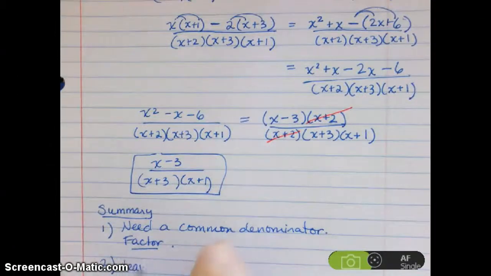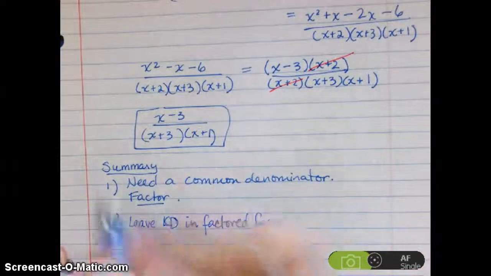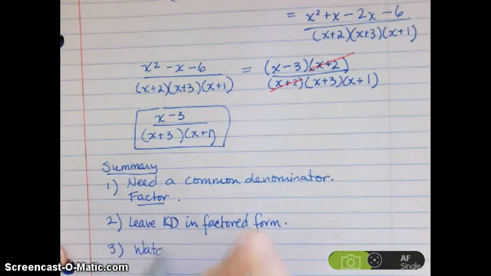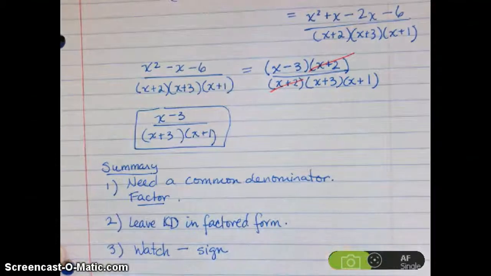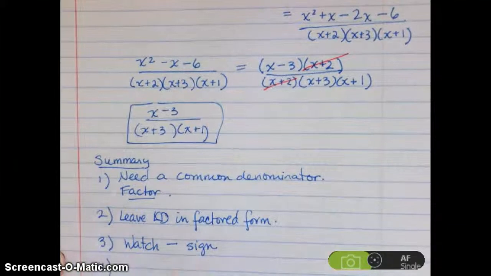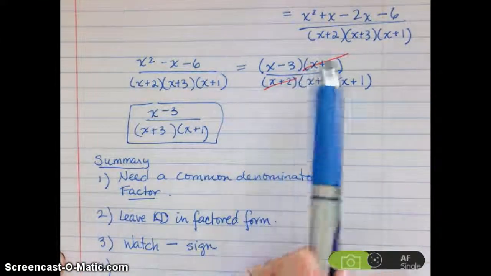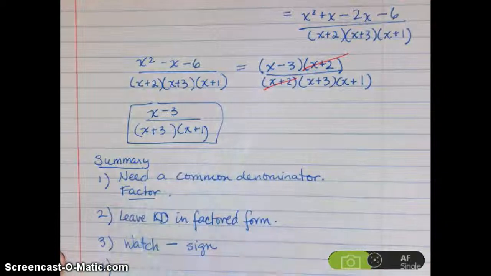So leave LCD in factored form. Number 3, slow down and watch the minus sign carefully if you're subtracting. And number 4, check if the final answer can be reduced by canceling common factors. This means you'll need to factor the numerator.